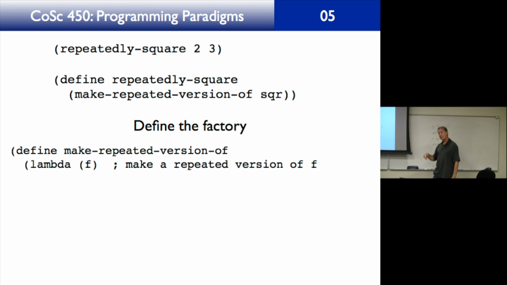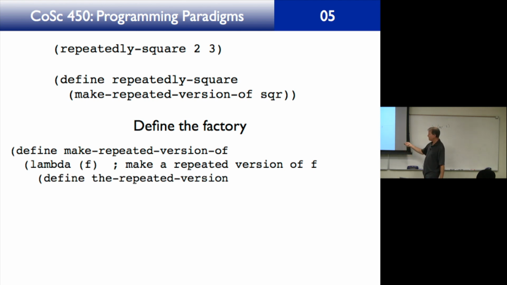And now, do we do lambda? We have another define to actually define the thing that we are returning, right? Okay, so it will be define the repeated version. So that's the name that we're giving it, the repeated version. And now what? Lambda, but now how many parameters? 2. Why 2?